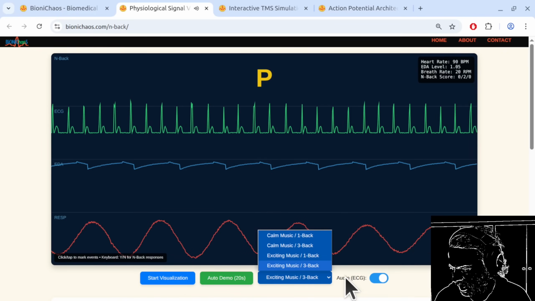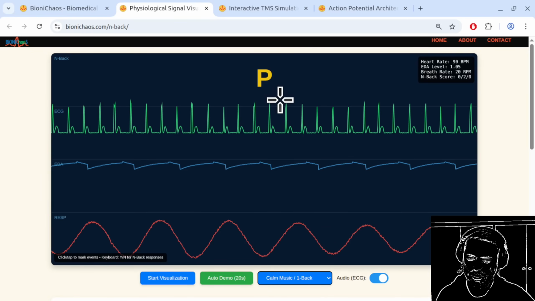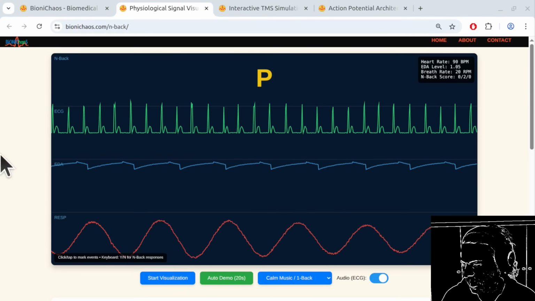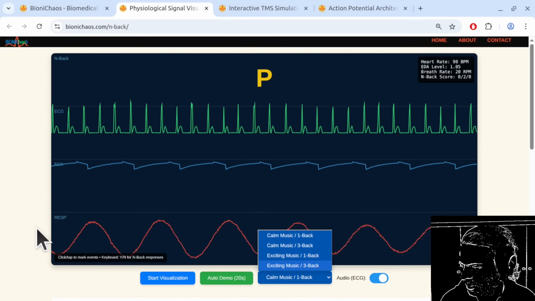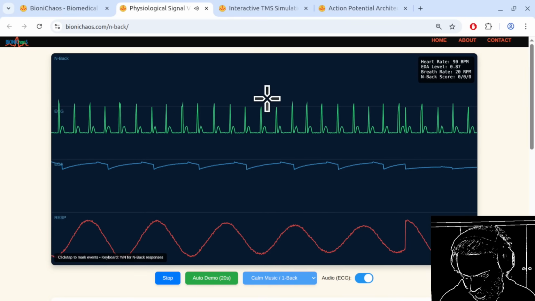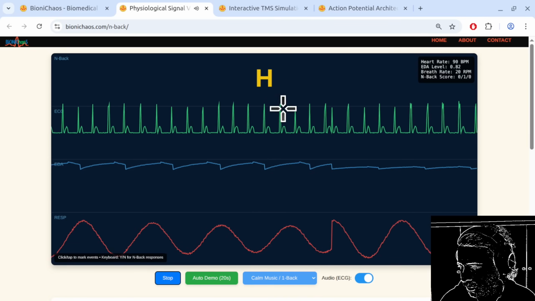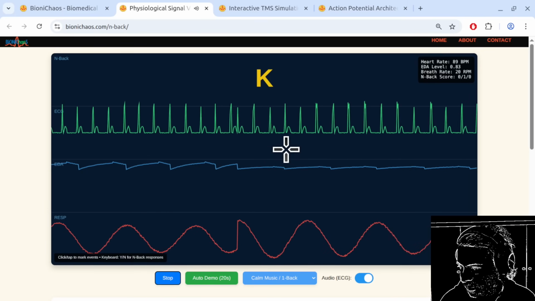You can stop that. You can actually do an easier task, which is meant to be playing calm music as well. In this task, you're meant to do it while listening to some calm music. And you're doing this memory task where you have to hit yes or no if you can remember the sequence of the letters.